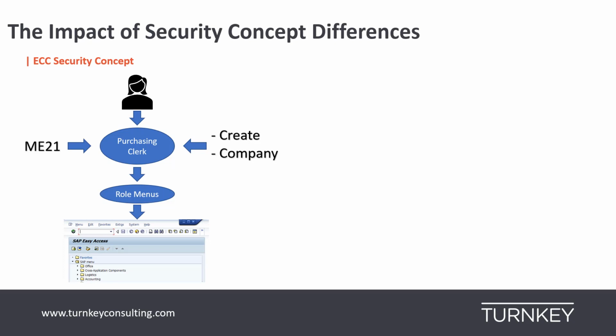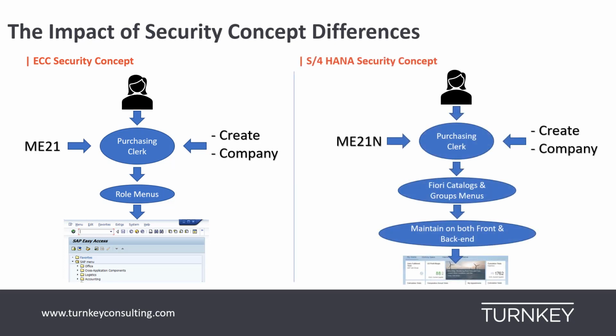So how does that change when we look at the S4 HANA security concept? Well, ME21 has changed, not terribly far, but now you've got ME21N. So fundamentally, the transaction code has changed. You can still assign the actions as you do in PFCG, so the create and the companies that they can access.